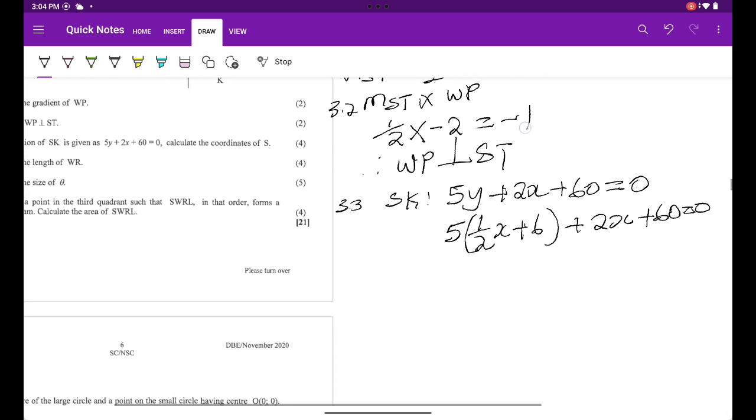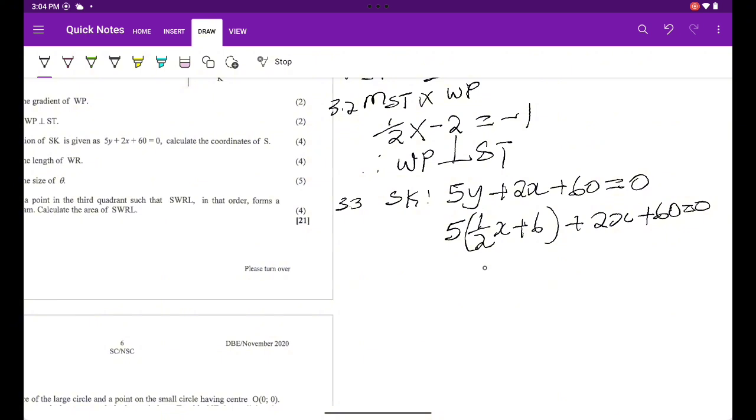Removing the bracket, we have 5 over 2 x plus 30, since 5 times 6 is 30, plus 2x plus 60 equals 0.